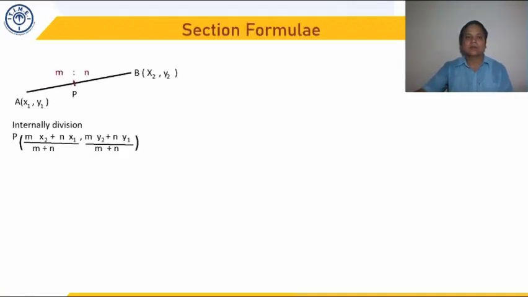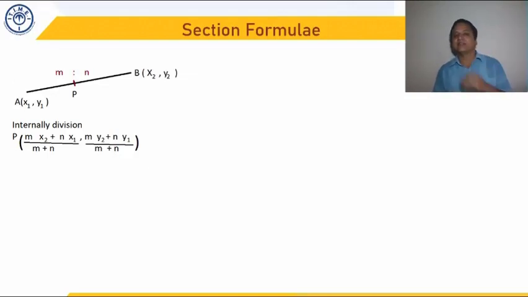Section formula. A straight line joining two endpoints is given, A (x1, y1), B as (x2, y2). And we wish to find the coordinate of a point P which divides the join of AB in the ratio m:n. Since P lies inside the join of AB, we say it's an internal division.